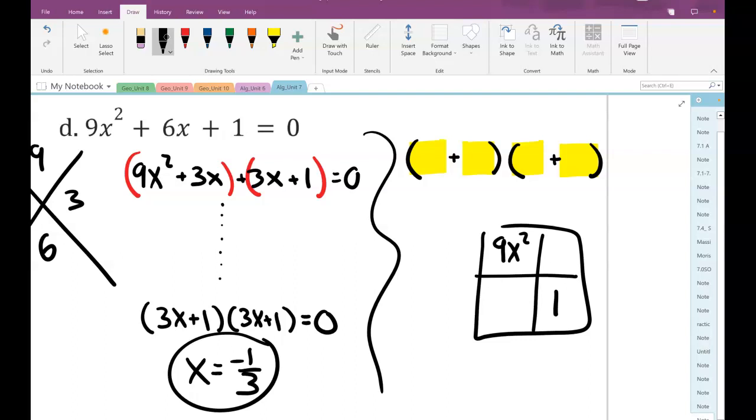So to get numbers that go here and here, this is 3x and 3x. To get to 1, this has to be a plus 1 and a plus 1. We've talked about how factoring is the opposite of multiplication. It undoes it. So I know in my box, this could be 3x plus 1 and 3x plus 1, which is the same thing that I got when I did factoring by grouping.